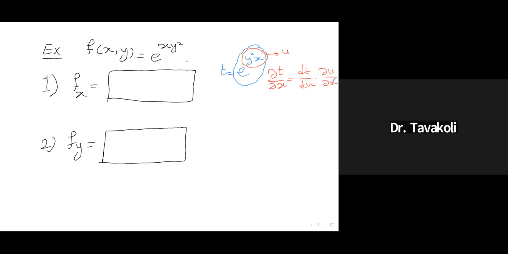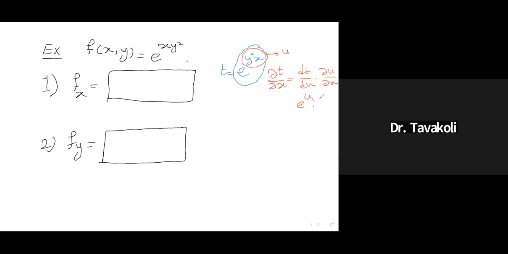Since there are two variables and I deal with one of them as a constant, I deal with y as a constant, I use that partial notation instead of the regular d notation that you have seen in calculus 1. So the derivative of t with respect to u, e to the u, is e to the u.